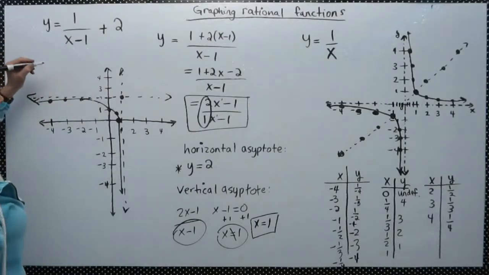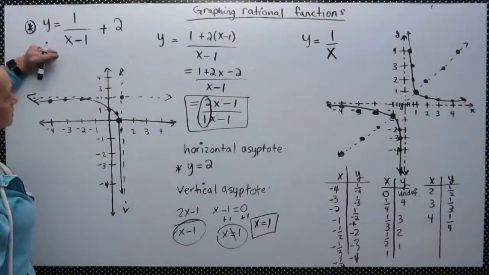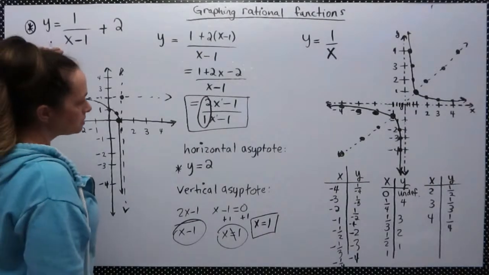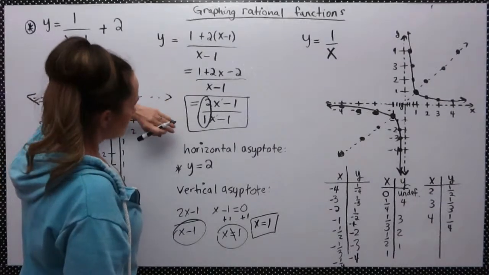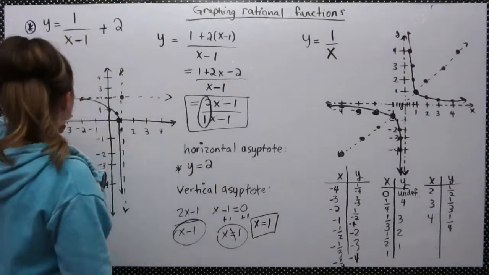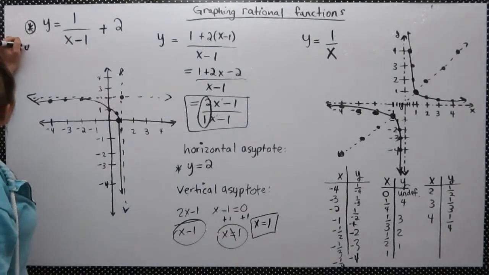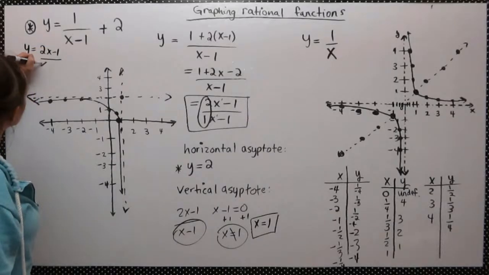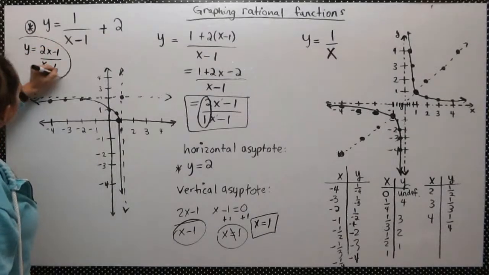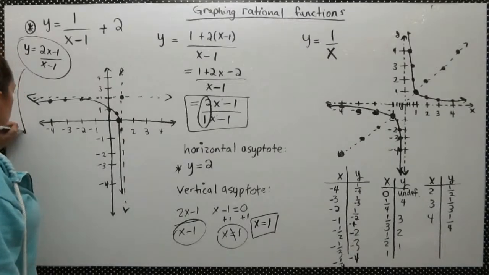I'll plug in. I can use this graph, but what I was finding is that it was a little bit trickier to plug the points in. So I just preferred using this one to plug the points in. So this one, y equals 2x minus 1 over x minus 1. This is the same function, so I would rather use this one.